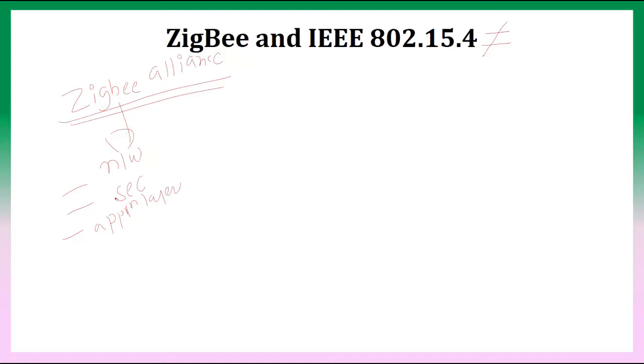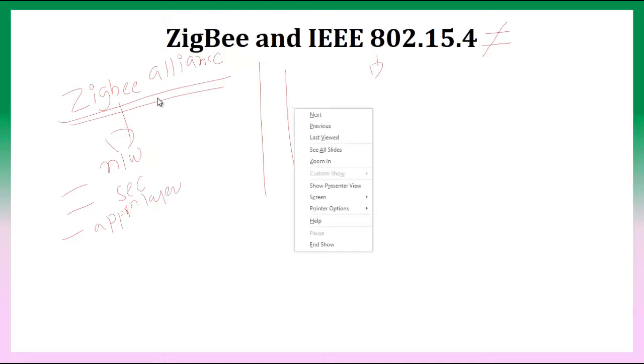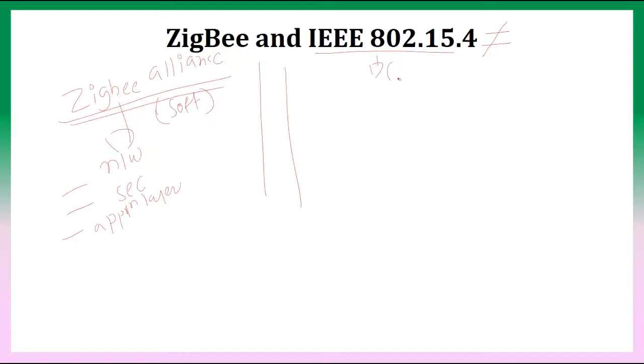IEEE 802.15.4 is actually hardware that defines the physical and media access layers. So this is ZigBee, and this is 15.4. ZigBee is software, and this is hardware.